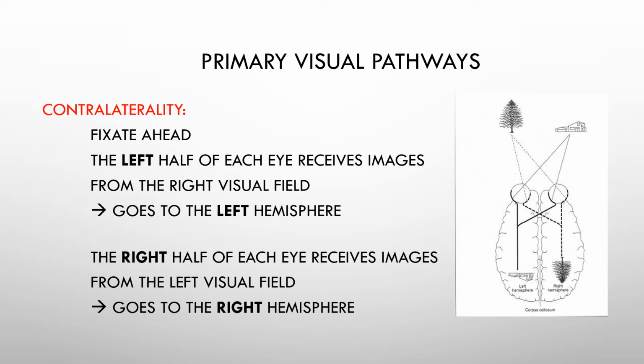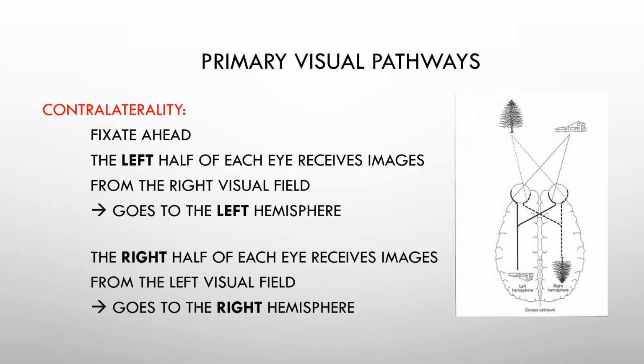If I'm looking straight ahead at a fixation cross in the middle and there's a tree to my left and a house to my right, the left half of each eye is going to receive images from the right visual field. So the left half of each eye is getting that flipped, inverted image of the house. Because remember, I'm looking straight ahead, so it's hitting the left retinas and going back to the left hemisphere.